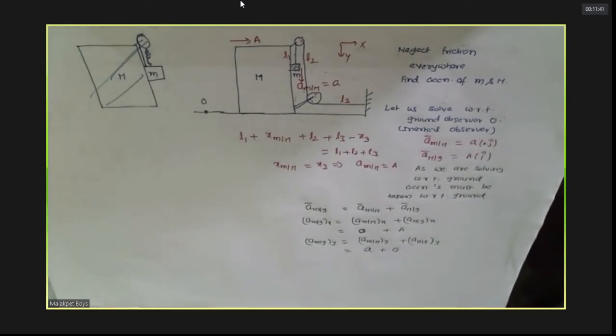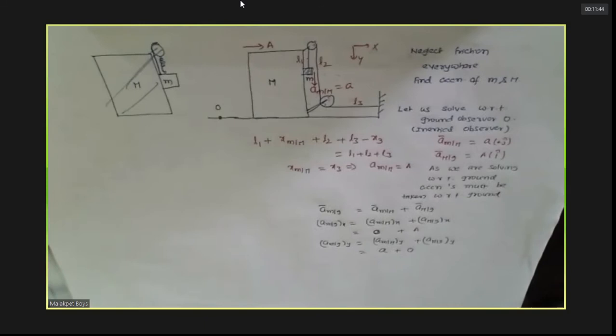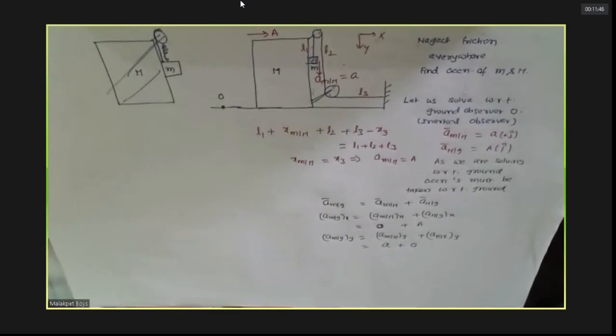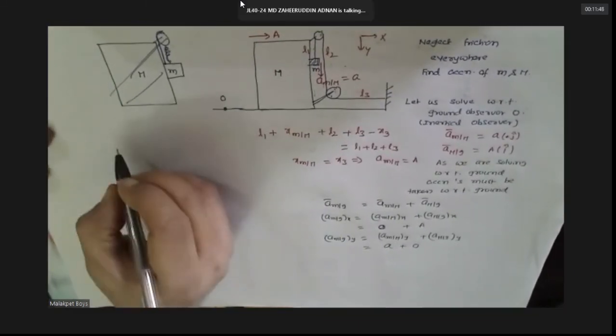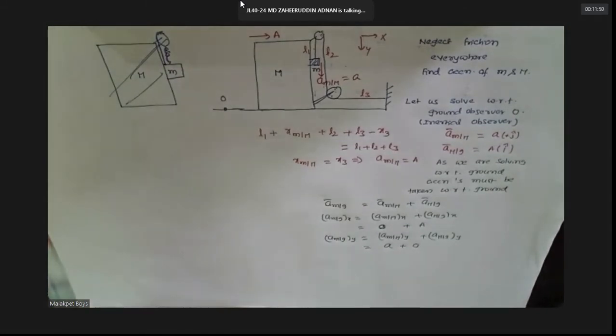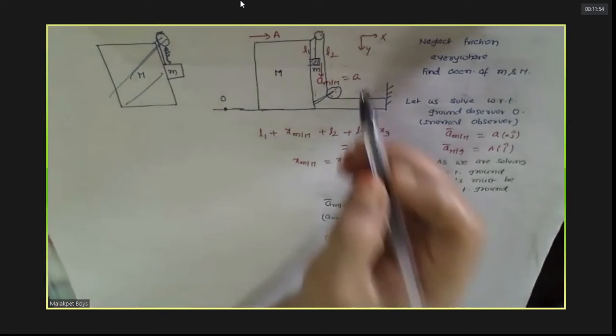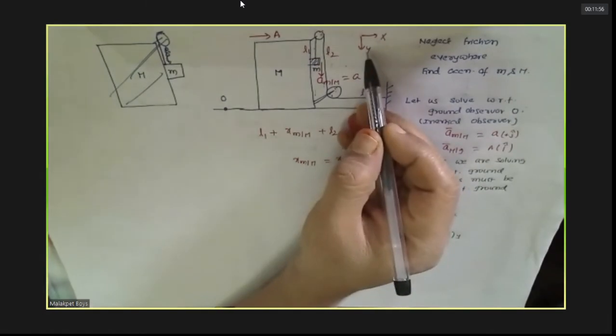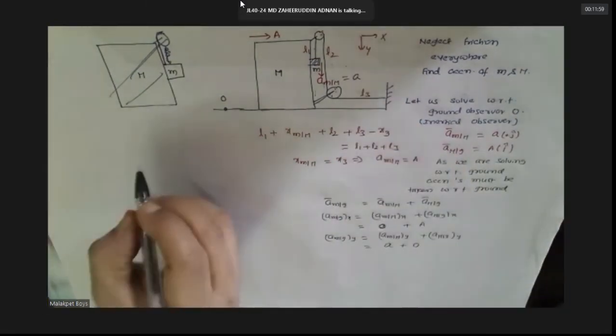Understood this? After that, we just draw the free body diagram. That's all, our problem is solved. Acceleration of small m with respect to capital M should be a minus j cap, no, sir? I have taken this. What is the axis I have taken? Check this. Yes, sorry, sir.